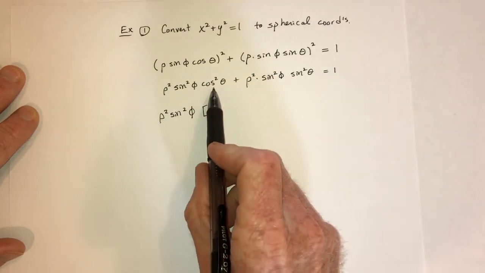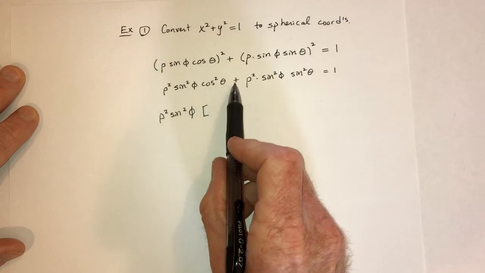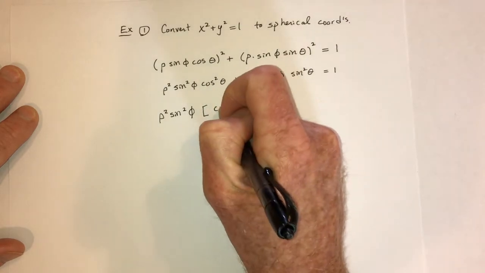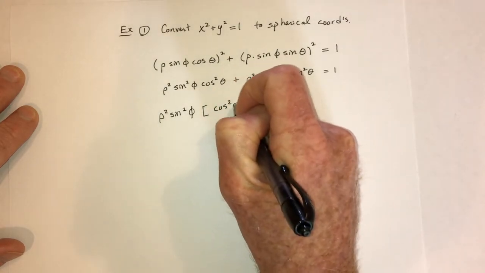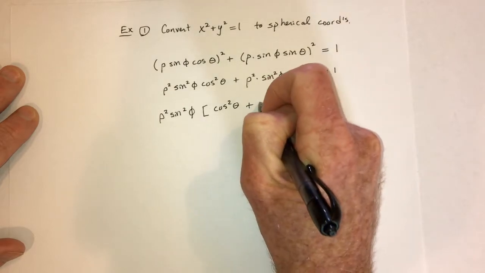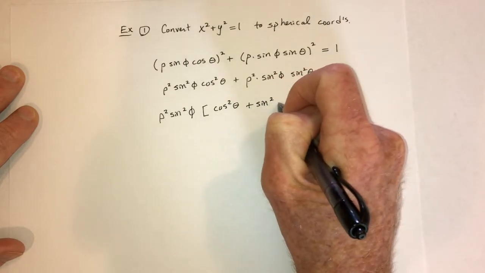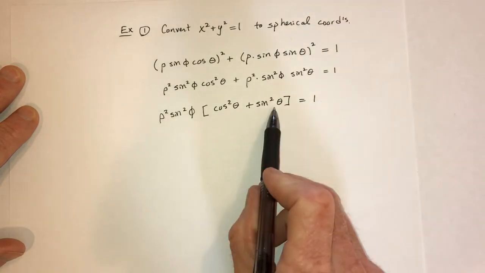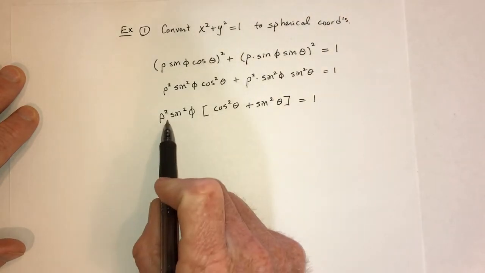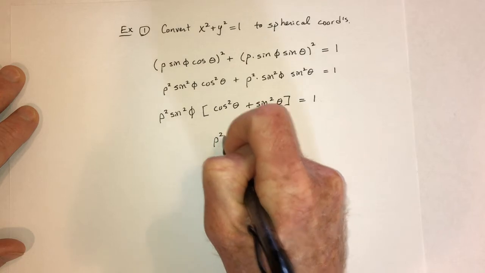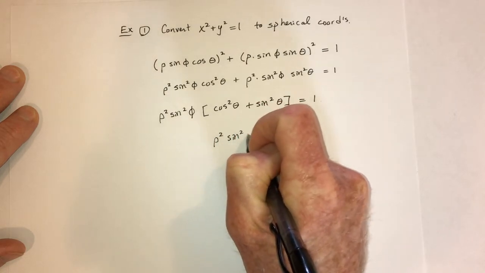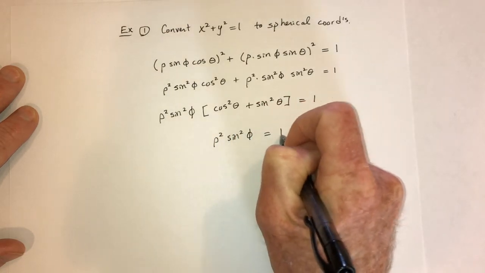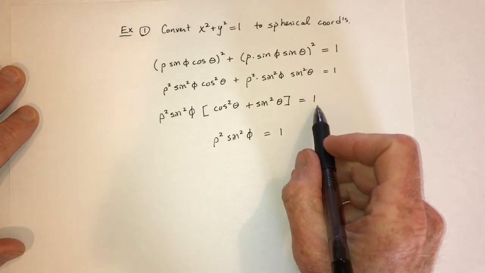And then what's left is cosine squared theta plus sine squared theta. That does equal 1. So this part equals 1, which means that we just have this, and then it still equals the 1 on the right side.